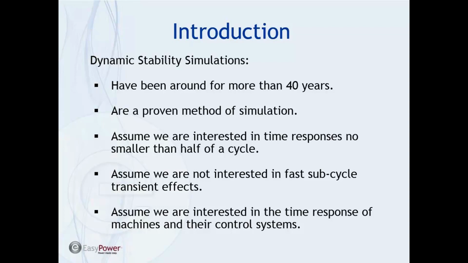But the term transient really should be relegated to fast subcycle things that you would use for running analysis with the EMTP or the electromagnetic transients program. So we're not interested in those. We're looking at things with more of an RMS response about every half cycle. It also assumes we're interested in the time response of machines, that is generators and motors, and their control systems.